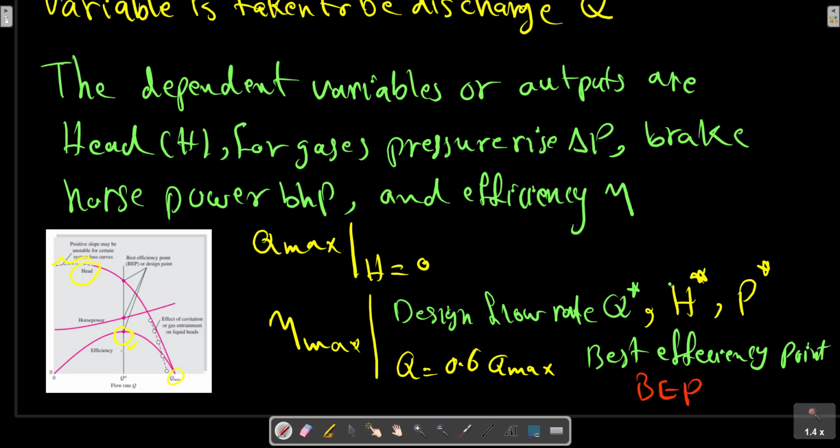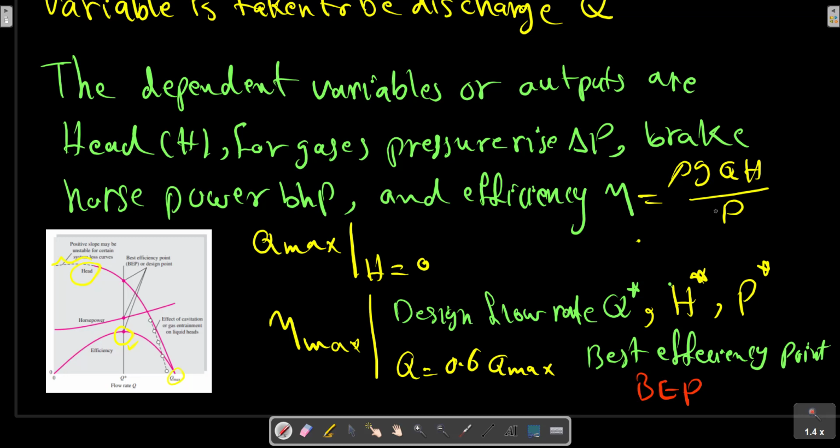Note that eta is not independent of H and P, but rather it is calculated from the relation eta equals rho g Q H over P.